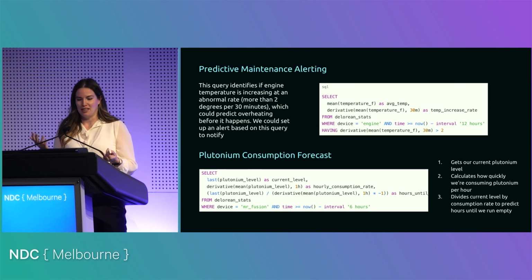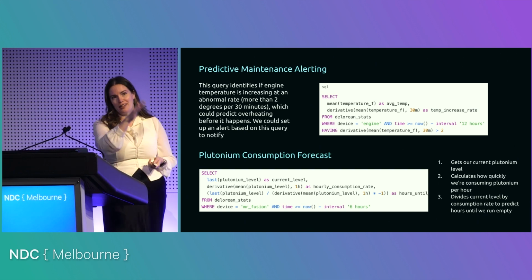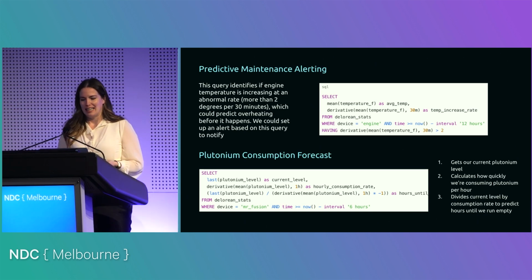I wish my car had this more than just a light that comes on. It gets our current plutonium level, calculates our hourly consumption rate, and divides level by rate to determine hours until empty. And no machine learning is required for this, right? It's just simple time series functions you've all probably done in different ways. But this demonstrates that it really isn't just about past or present. It is about using those patterns to predict in the future as well.